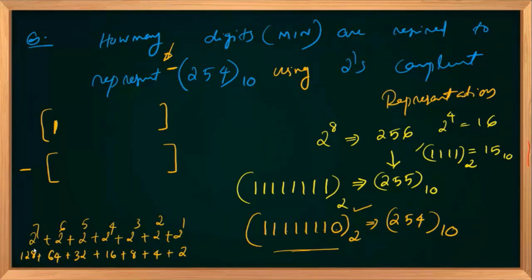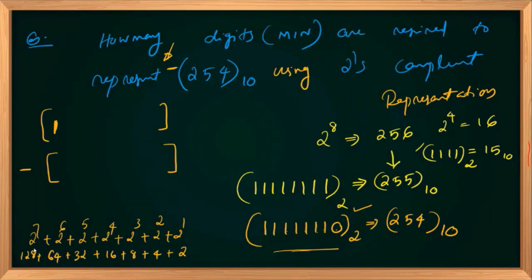Right. So Swati is answering 9. Very good. So what is the representation then? If it is 9, how will it be represented? 1, 2, 3, 4, 5, 6, 7, 8, 9.